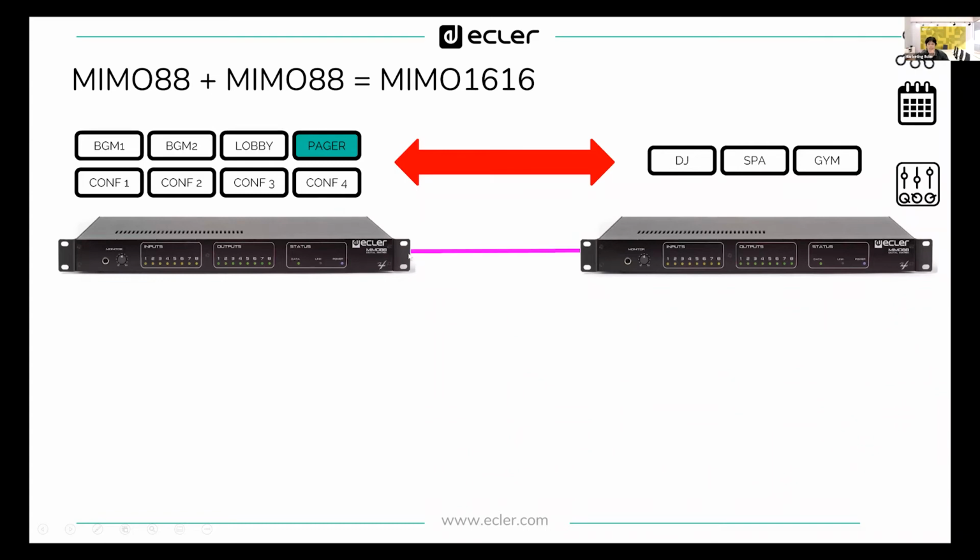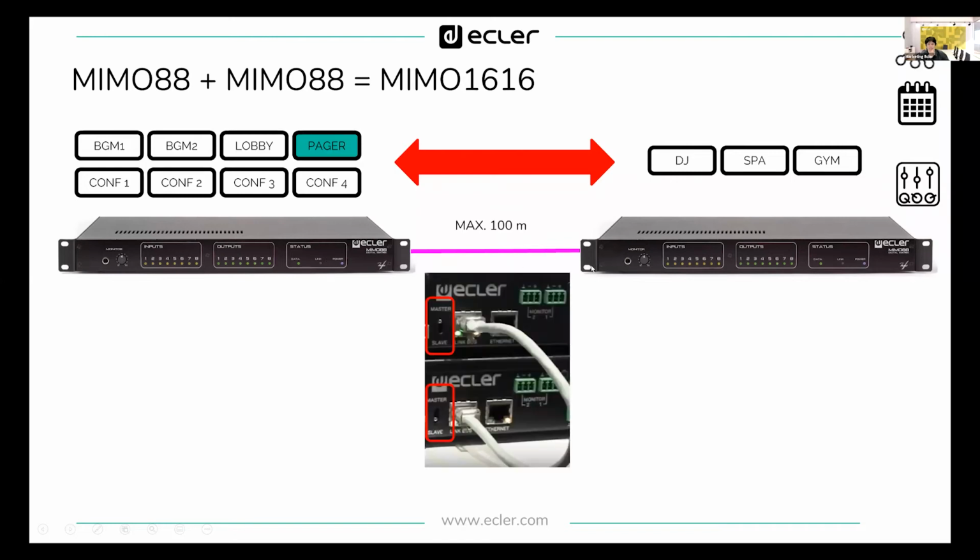You have to connect a direct cable, not a network one, and this is very important, a cross cable. So it's not the regular one you will buy in any shop in the street.